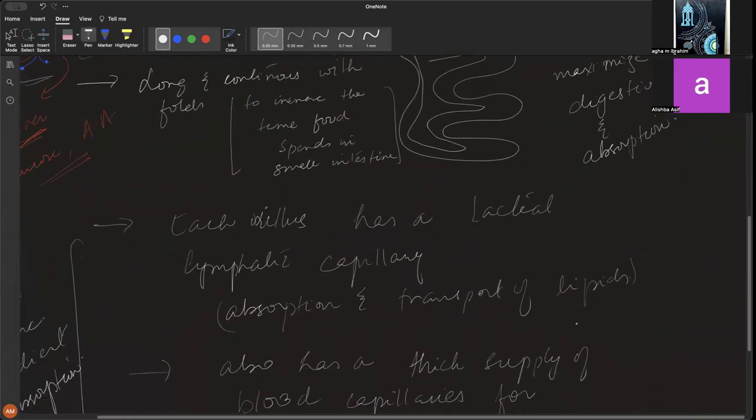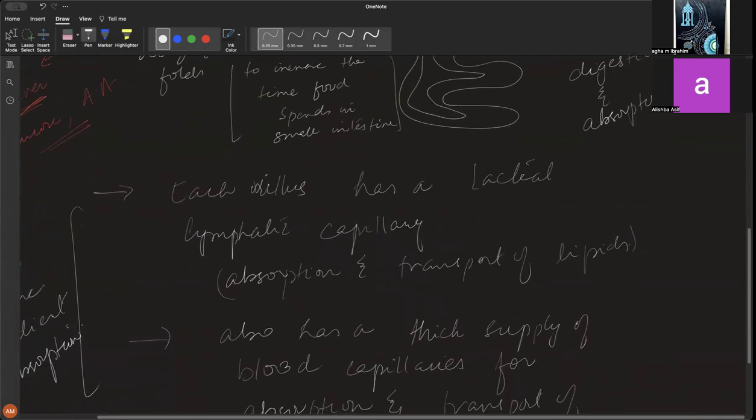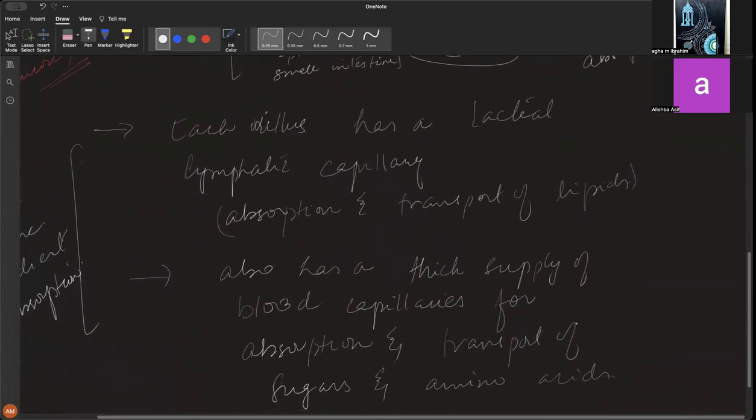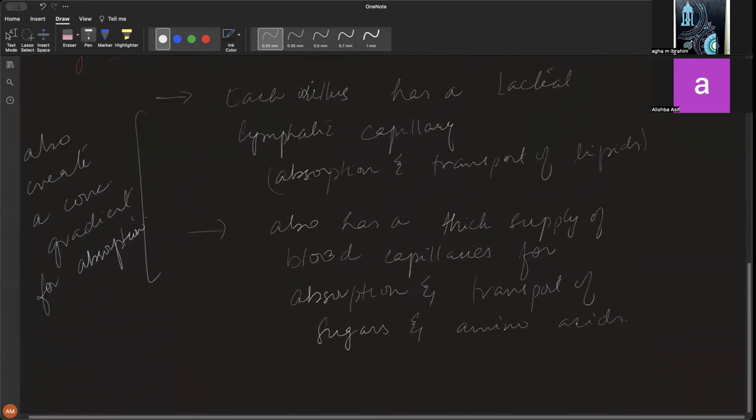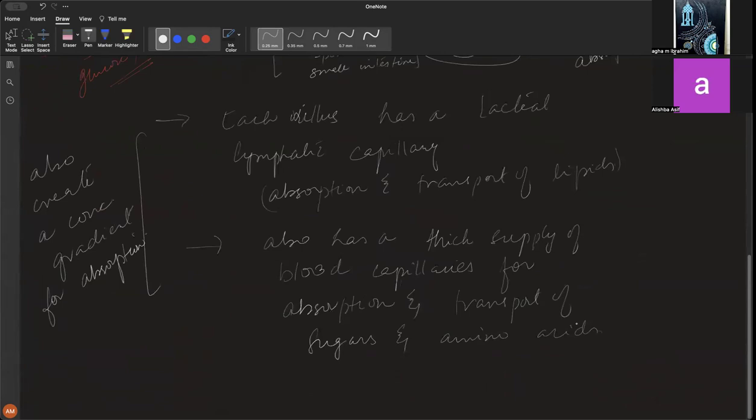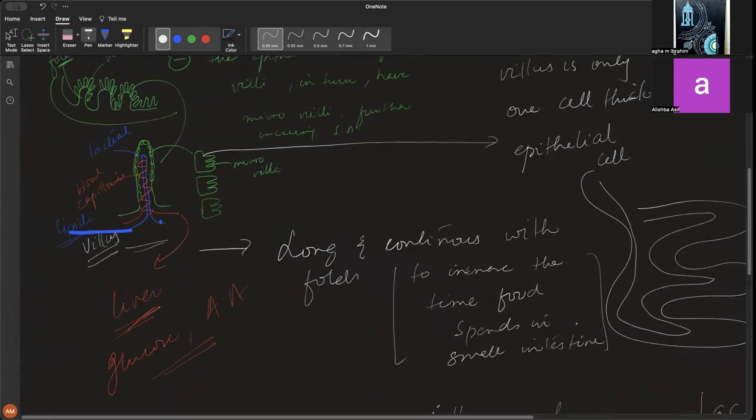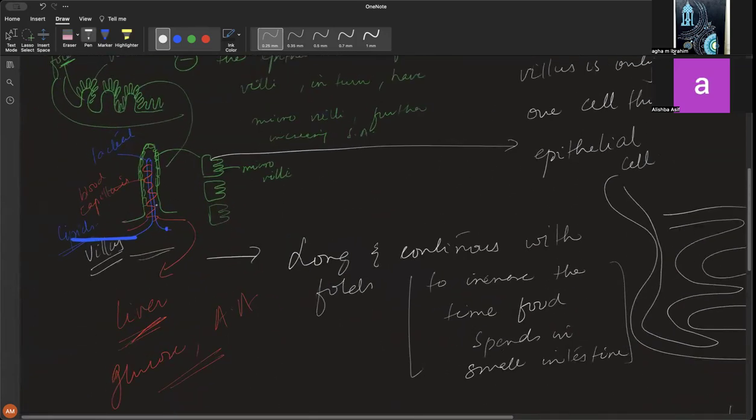And then further, each villus has a lacteal, a lymphatic capillary to absorb and transport lipids. It also has a thick supply of blood capillaries for absorption and transportation of sugar and amino acids. All right, we have already drawn this structure, the lacteal and the blood capillary.